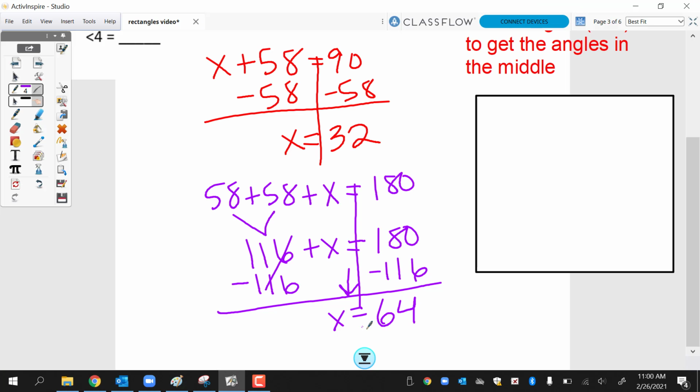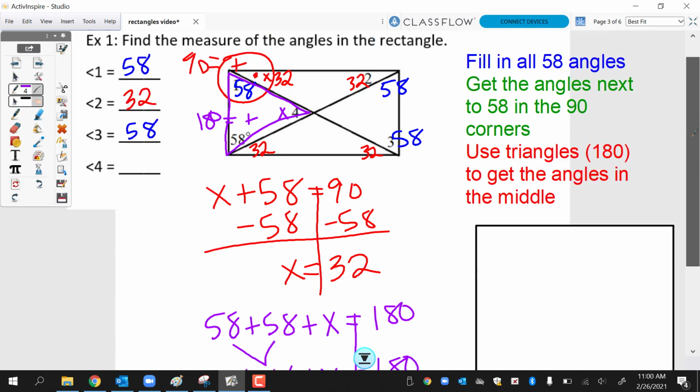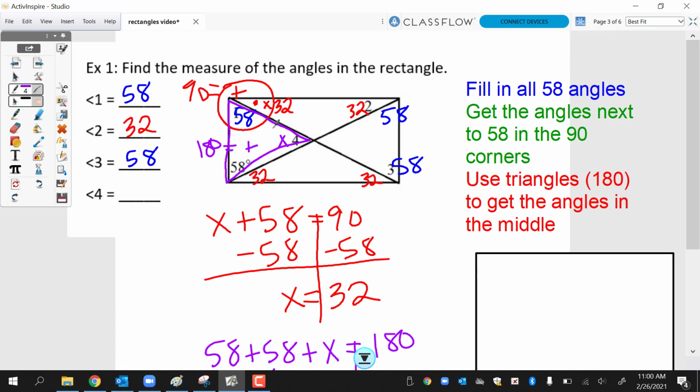So the angle in the middle, where the 4 is, is 64. That means this side is also 64, and that was where angle 4 was. So we're going to put 64 for that angle. And now I'm done. I have found all the angles they wanted me to find.